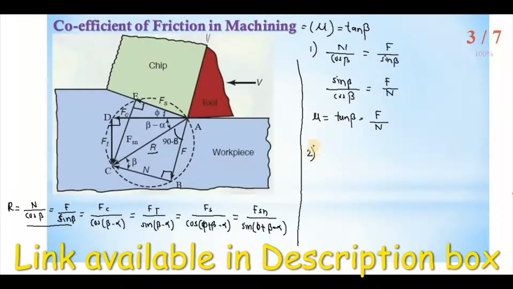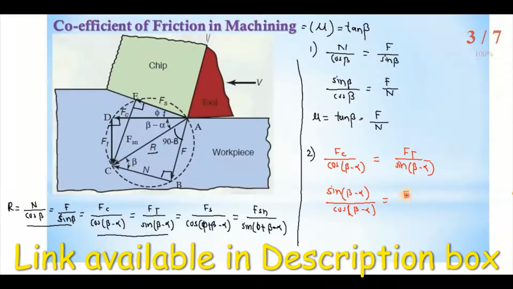Then another, using these two relations: Fc upon cos (beta minus alpha) is equal to Ft upon sin (beta minus alpha). So here sin (beta minus alpha) upon cos (beta minus alpha) is equal to Ft upon Fc.